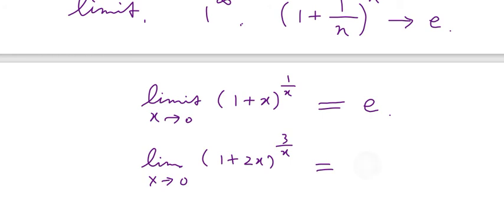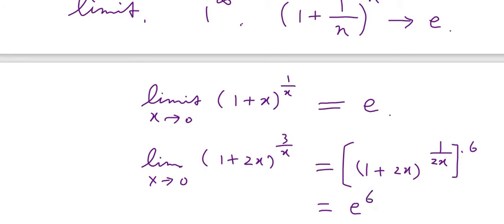We regard this 2x as x, so 1 plus 2x to the 1 over 2x is e. But the power is 3 over x, so we just change it a little bit: we multiply by 6, and it becomes 3 over x. So this limit equals e to the 6.